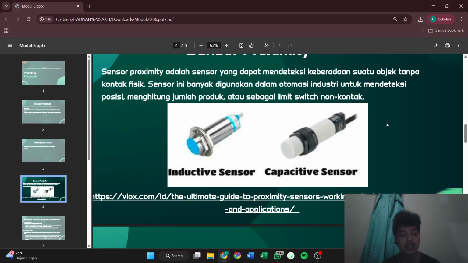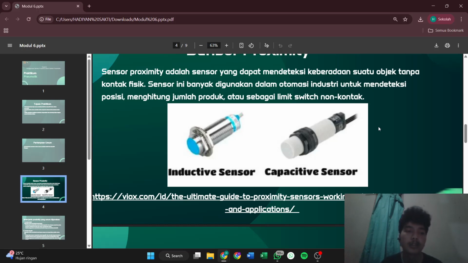It works using a capacitive field. When an object with a different dielectric constant gets close, the capacitance changes and the sensor outputs a signal. This is often used for liquid or powder level detection in tanks.